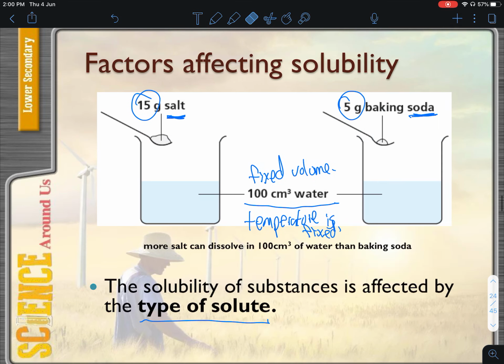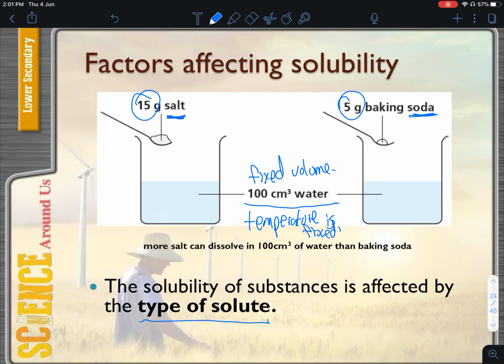So in this case, which one do you think is more soluble? The answer would be 15 grams of salt. Why? Because 15 grams of salt has more mass that can be dissolved in 100 cm cube of water.